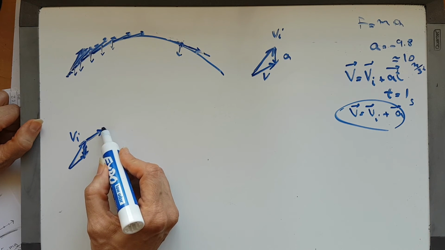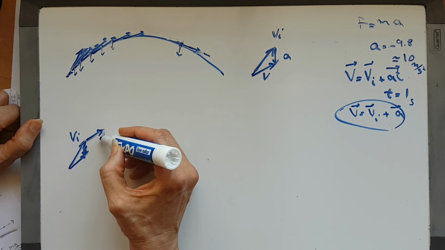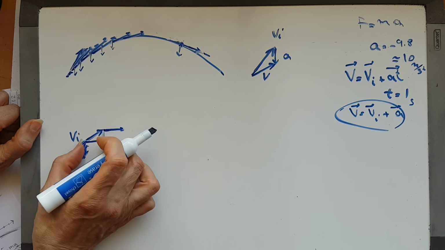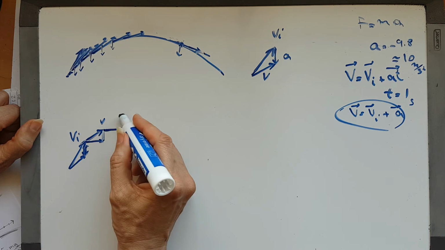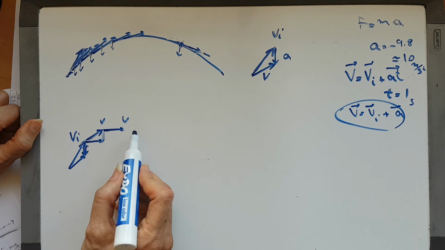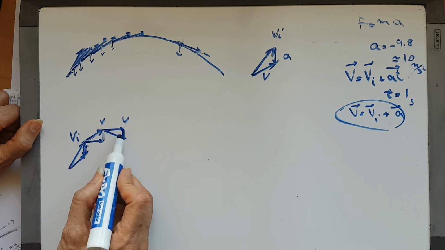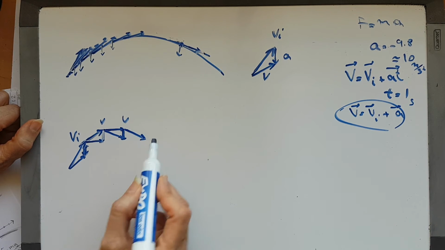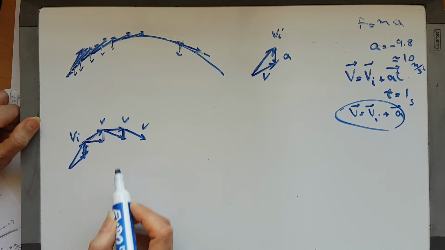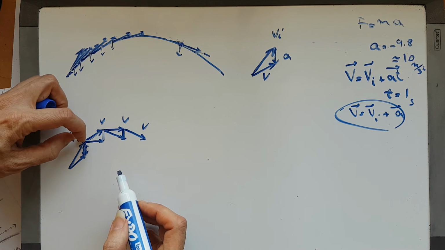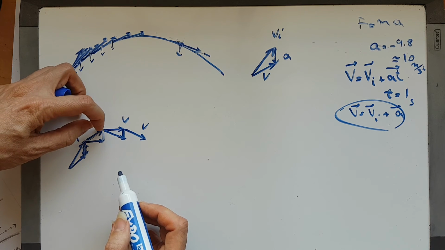And the next vector, let's say this one, this a is affecting it, so this would be the next vector. I draw it from here. This is the velocity at this point. This is another velocity. Another velocity, again this a is affecting it, so this is coming like this. So this is the velocity in the beginning. This is after 1 second. This is after the second second.